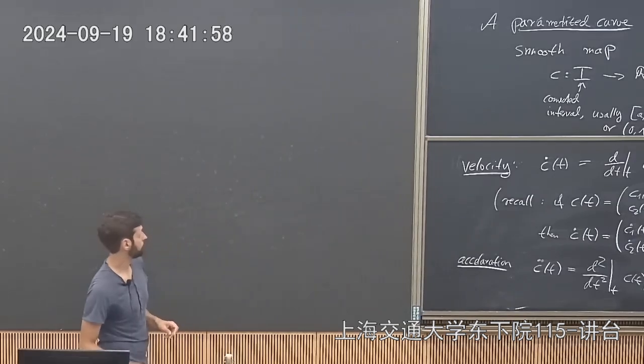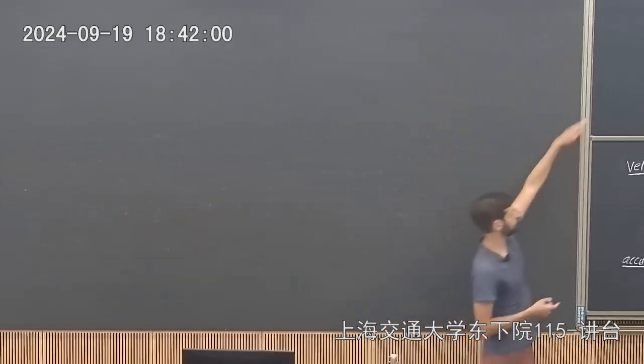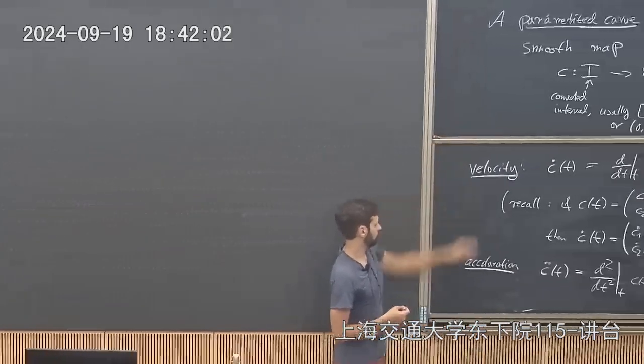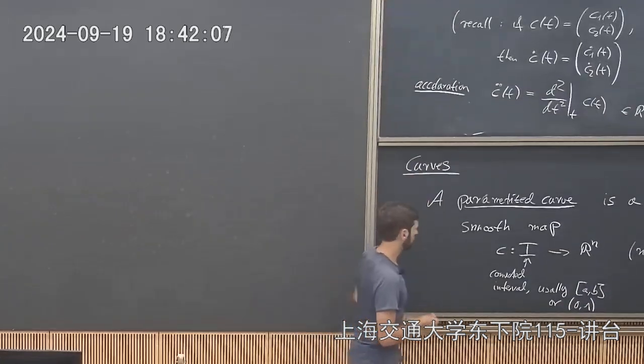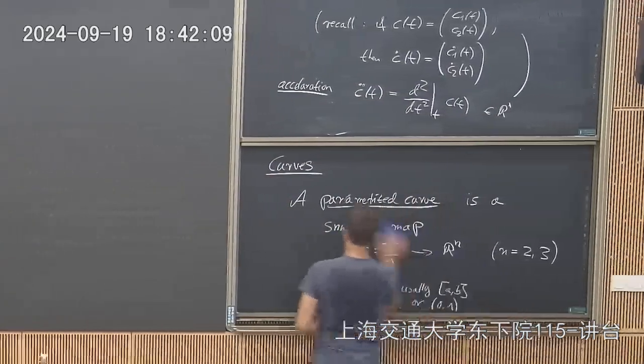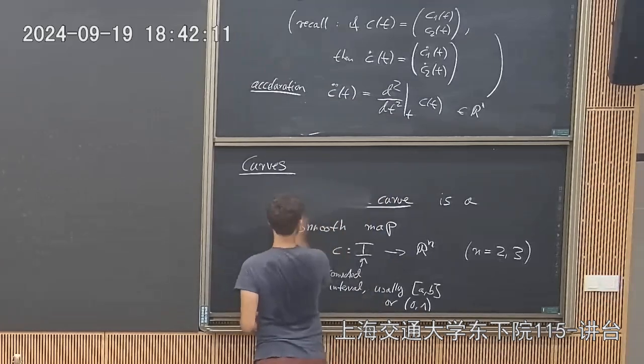And then a curve, like that's the parameterized version. And then the curve in itself is that we take the image of a parameterized curve.